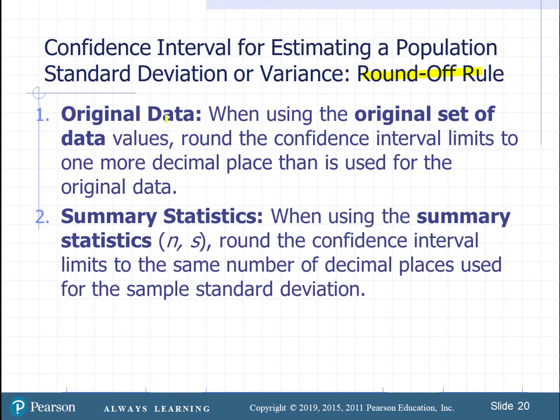When we're using data, the original data, we go one more place than is used for the original data. So if original data goes to hundredths, we take our interval to the thousandths. If we're using summary statistics, we round to the same number of decimal places used in the sample standard deviation.